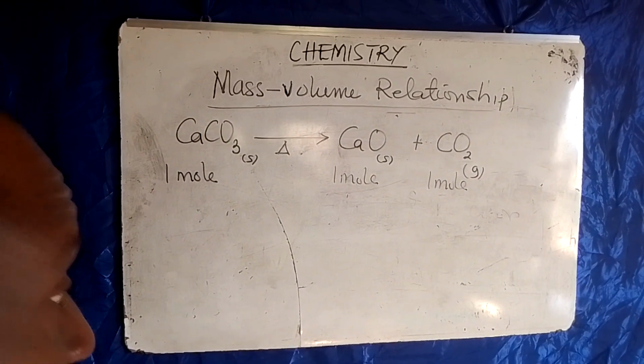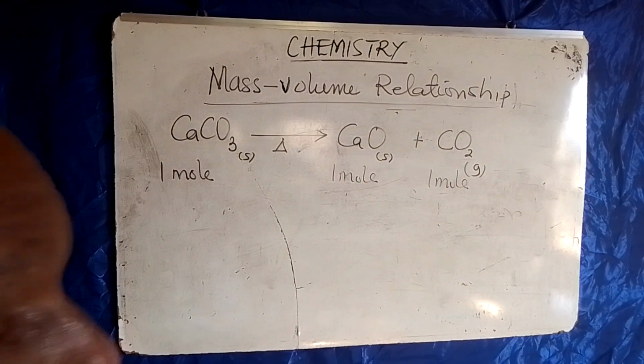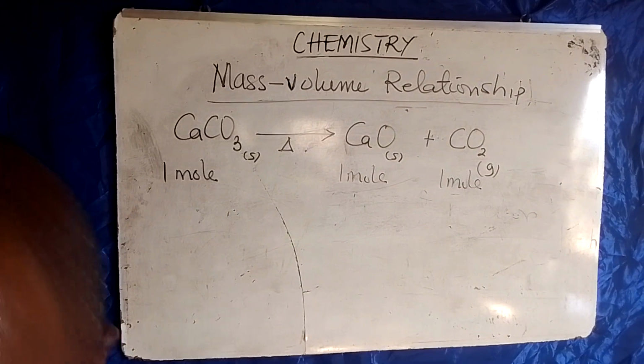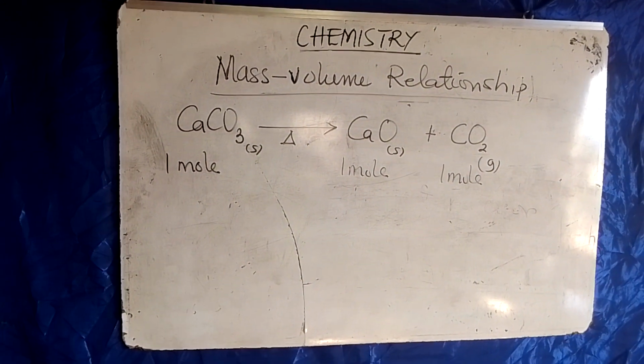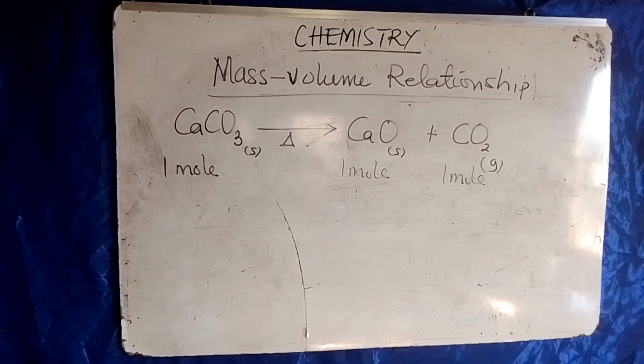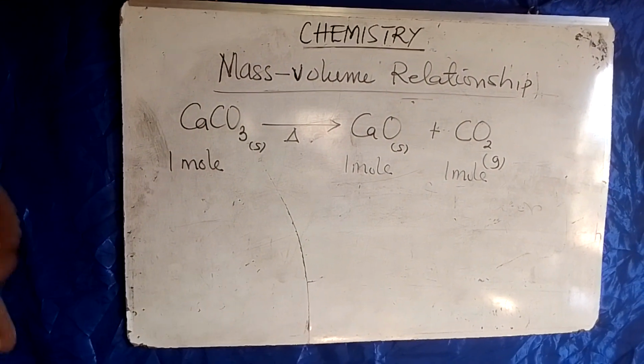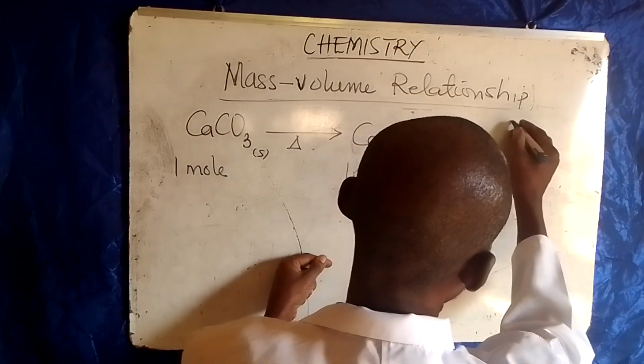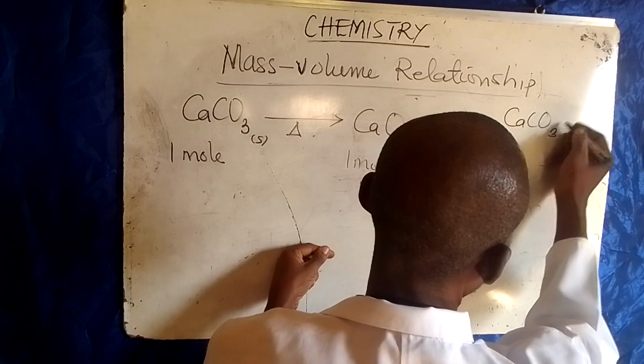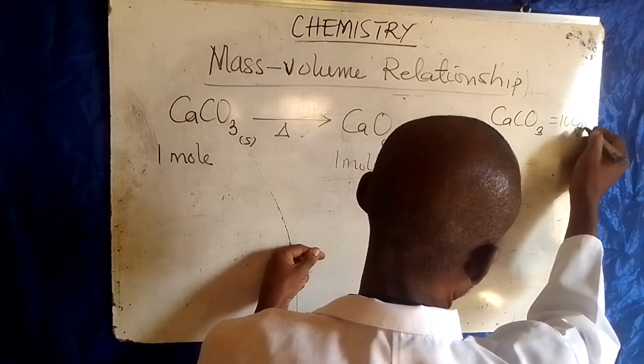You can see that in the question you were given the individual atomic masses of the elements involved in that compound. So which means you already know that calcium trioxocarbonate(IV) is 100 gram per mole.